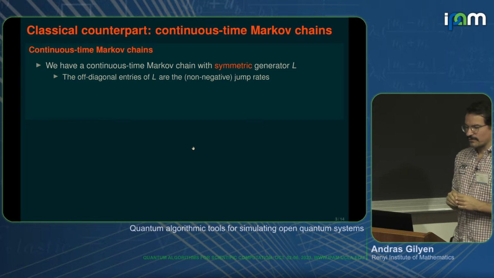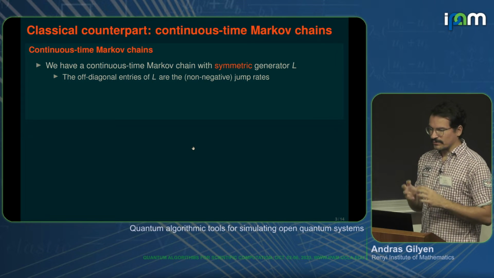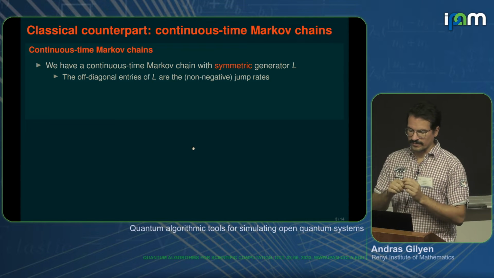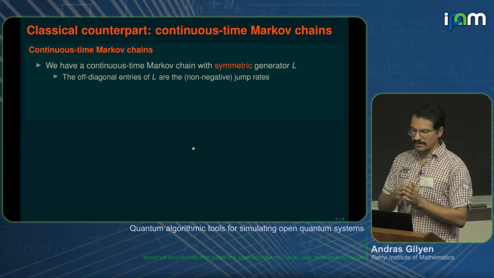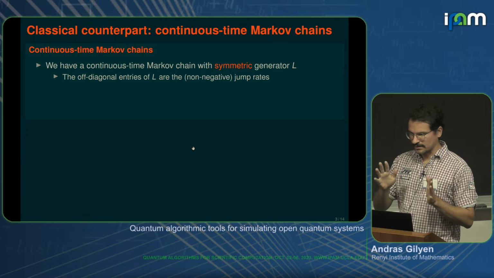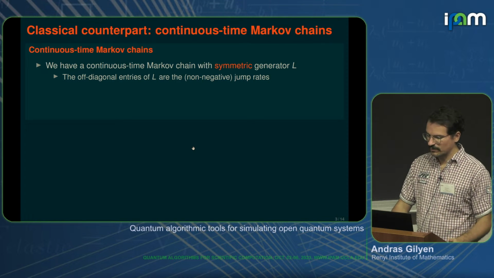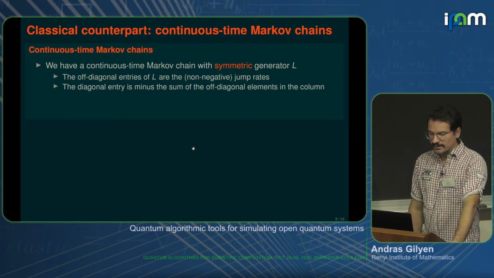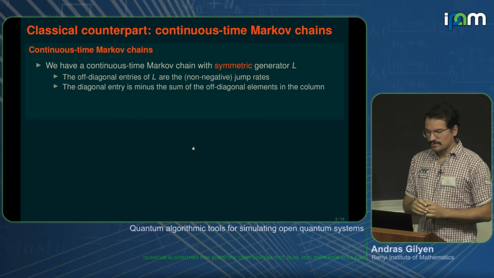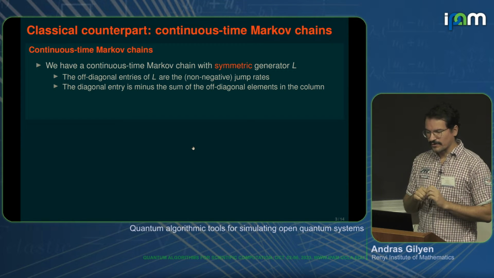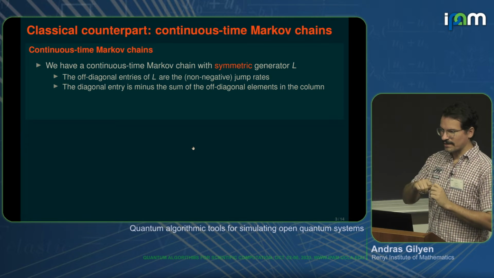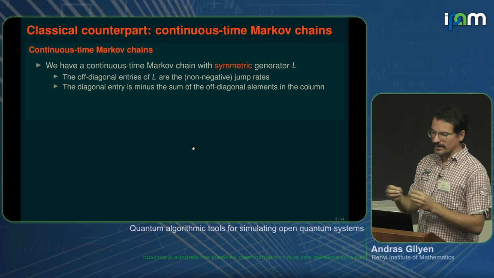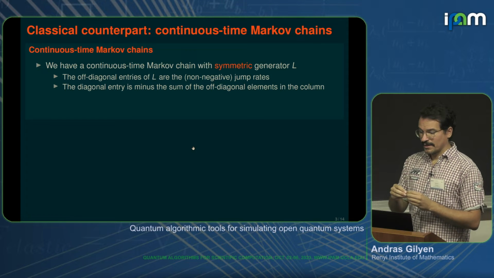The off-diagonal entries of L are non-negative jump rates, which tell you how likely you are to jump from state i to state j in an infinitesimal time interval. In the diagonal entries, you put the minus of the sum of all the off-diagonal elements, so all the jumps transitioning away from a state mean that you decay at that position.